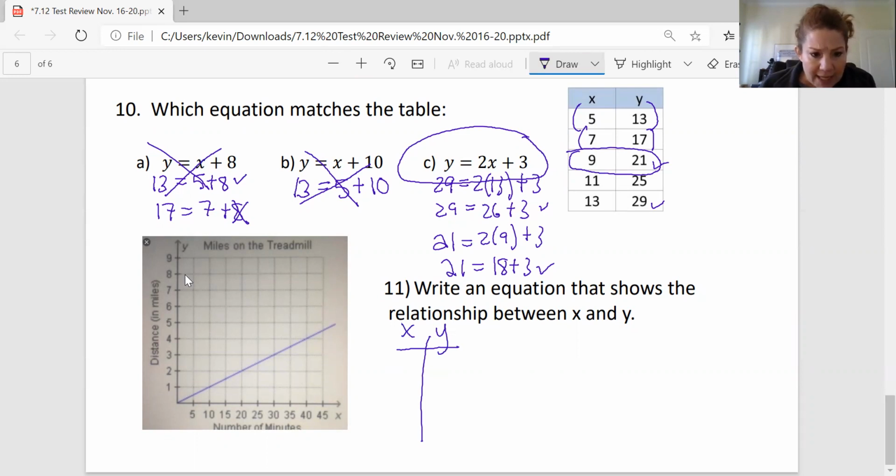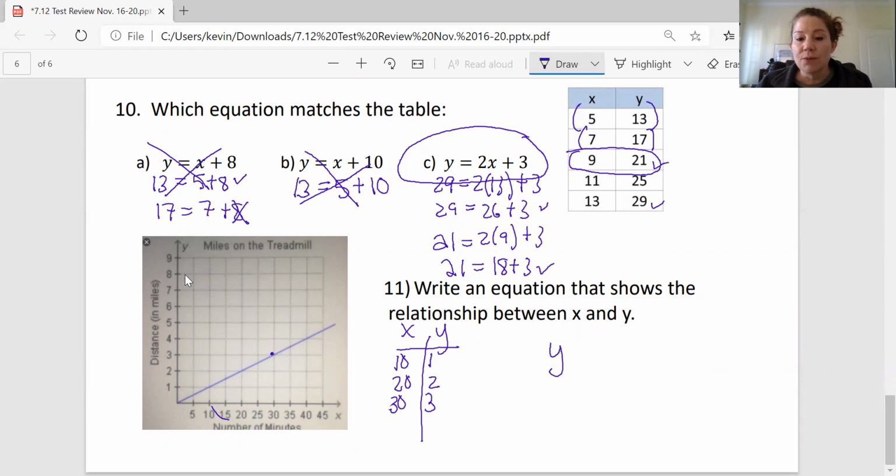So for example, when X is 10, Y is 1. All right, what about X is 20? Y is 2. X is 30 right here. Y is 3. So how do we get Y?